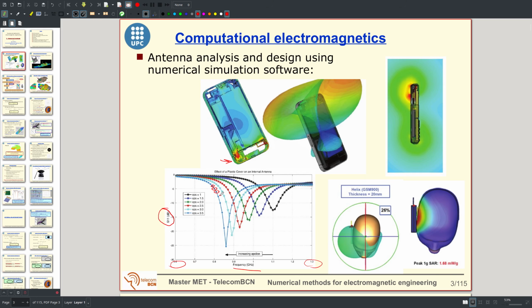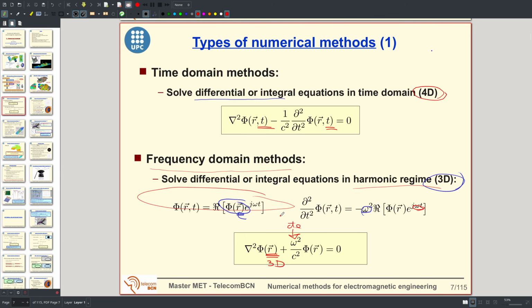So for each frequency you have to solve again the problem. This is quite time consuming, because if you define, for example, 200 frequencies, you have to solve the problem by numerical simulation 200 times, one per each frequency.